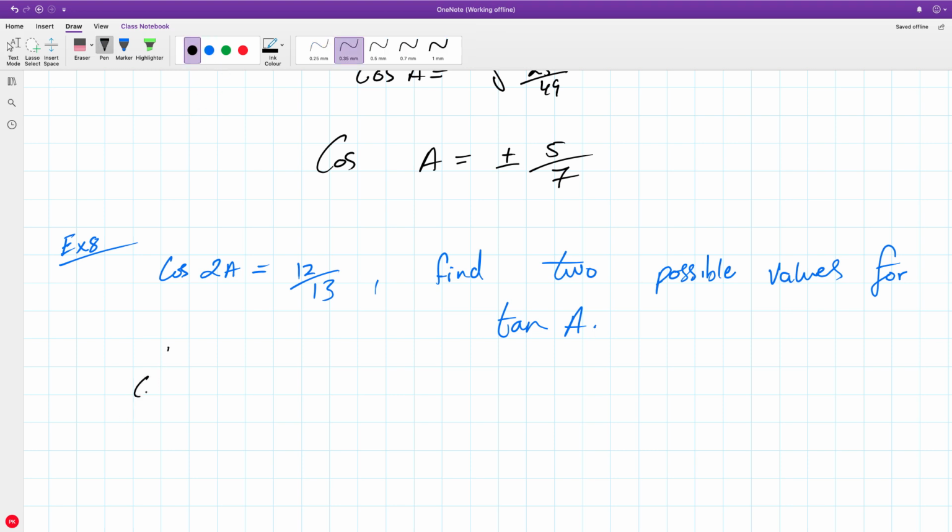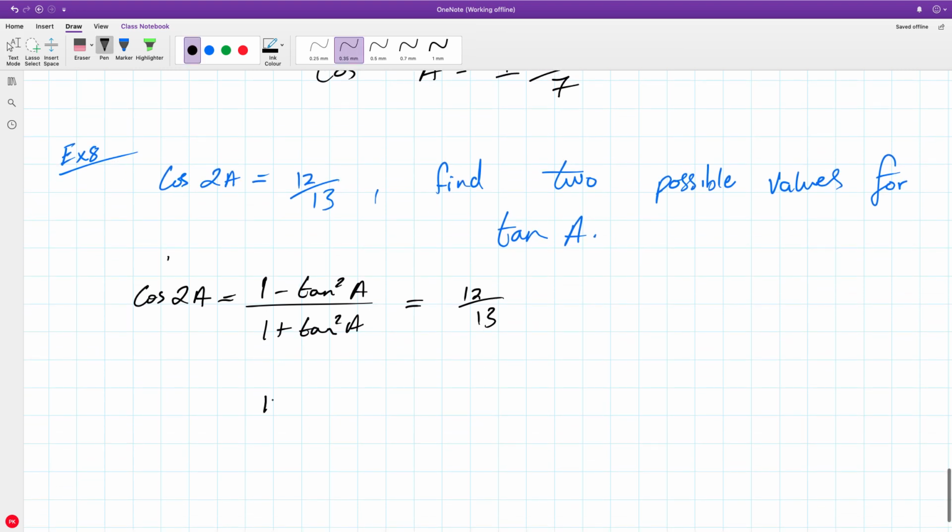So the cos of 2a is equal to 1 minus tan squared a over 1 plus tan squared a, which is equal to 12 over 13, yeah?